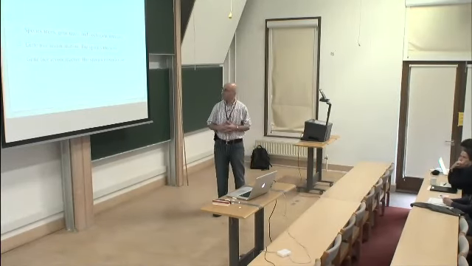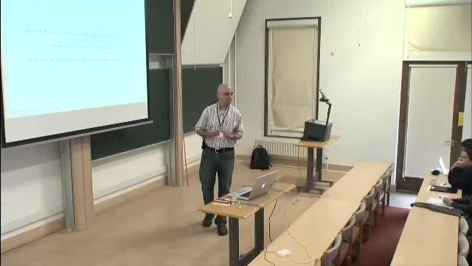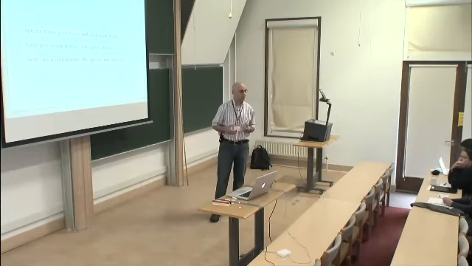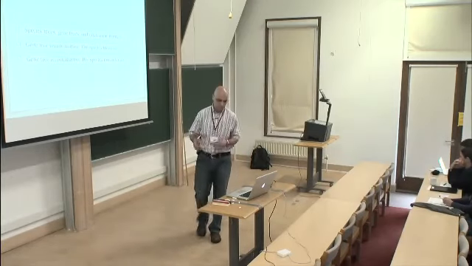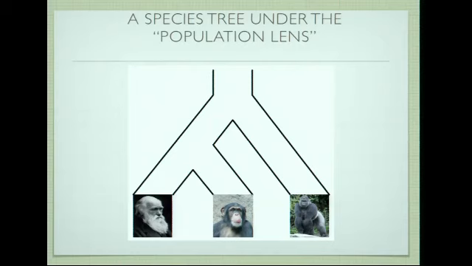And in the last part, I will focus on how we deal with the case when gene trees may disagree because of hybridization and incomplete lineage sorting at the same time. How can we detect that?